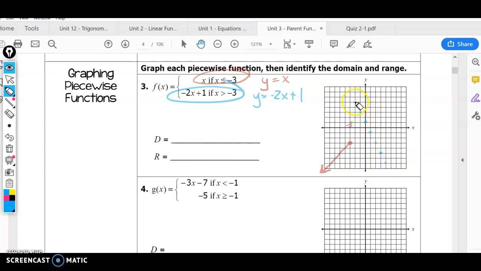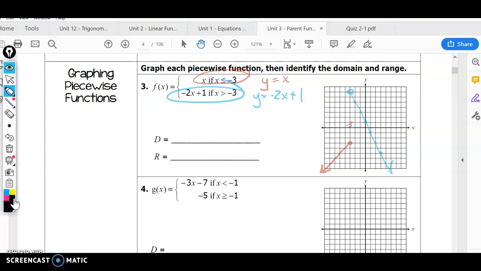If you did rise over run, it would look like this, and you would connect all the dots. However, we only want it starting at -3, and that's this top dot right here. But since it's not a closed circle, we're going to put an open circle at -3, and then you're going to graph everything greater than it, which is just like that.